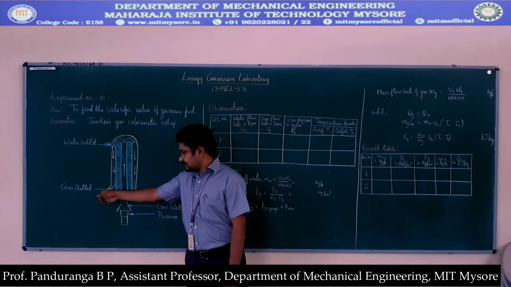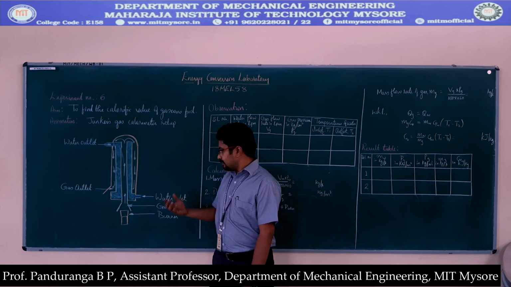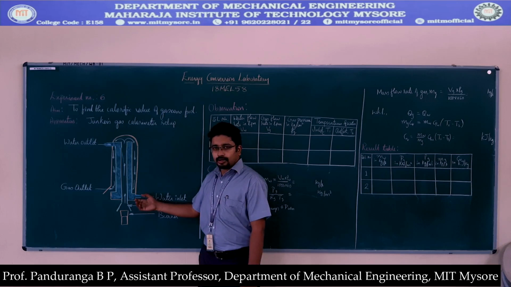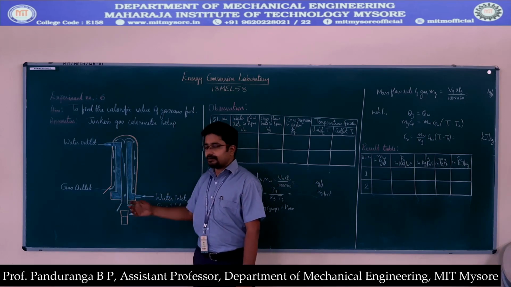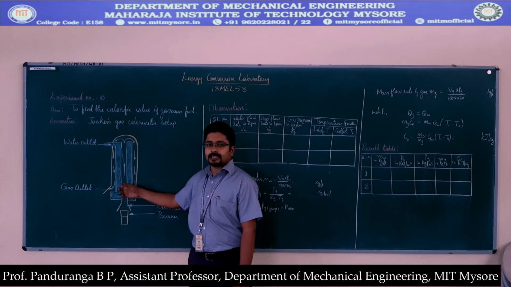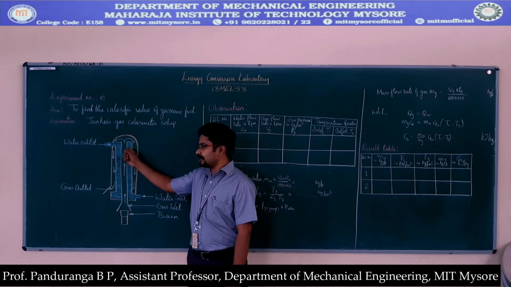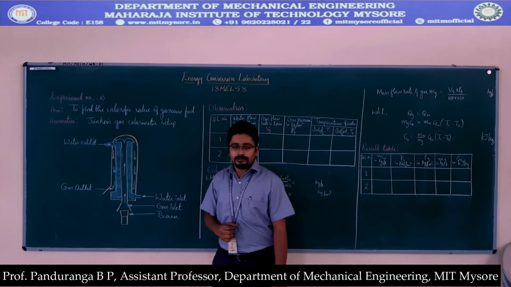And then the gas exits out of the calorimeter through this opening. Now the water enters from here at the bottom of the calorimeter and it flows in the annular gap between the inner pipe as well as the outer pipe. The water moves upward and goes out of this water outlet pipe.